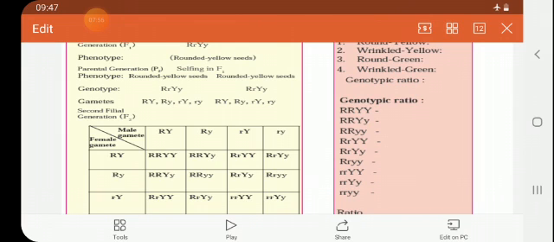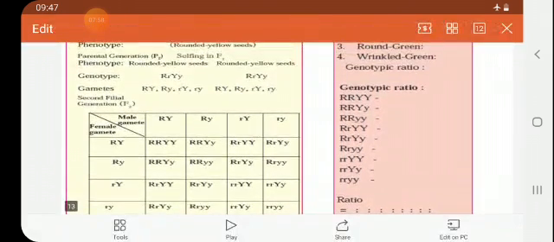Okay. So accordingly you have to study and you will find that the ratio will be 9:3:3:1. What will be the ratio? 9:3:3:1. Okay. This is all about the dihybrid ratio.